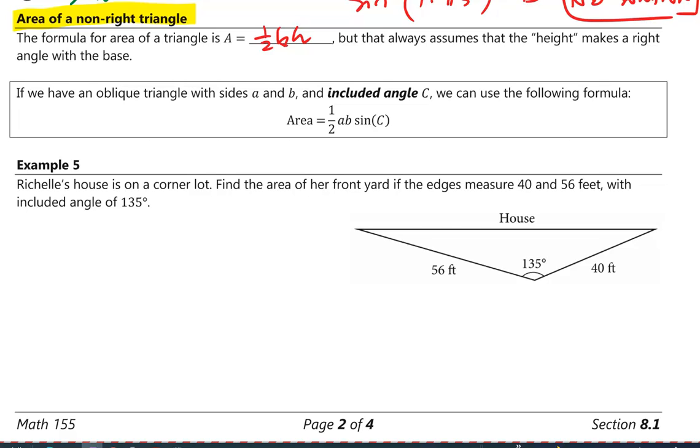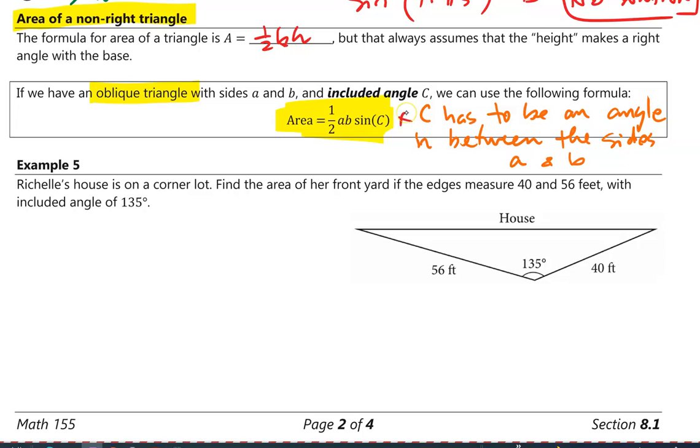So if we have an oblique triangle with sides A, B, and included angle C, we can use this formula. Area is equal to 1/2 of AB sine of angle C. So here C has to be the angle in between sides A and B. Okay, so take note of that.